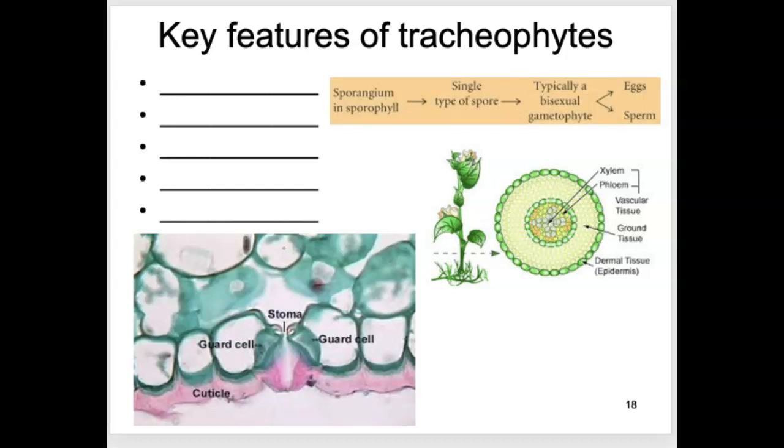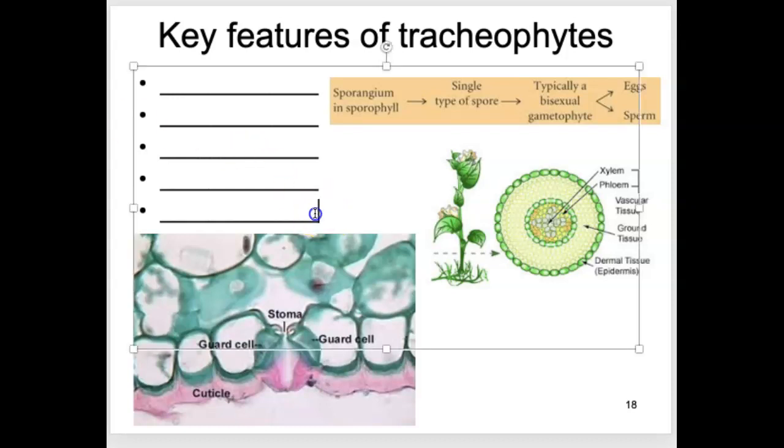What do these guys have that we see common across all of the vascular plants? And then as we get into different groups, we'll talk about how each group adapted certain features to become adaptable in different environments.